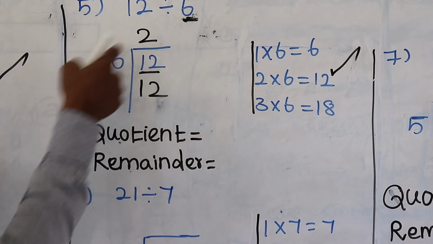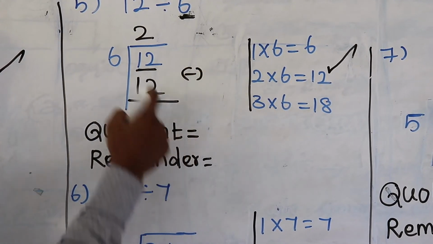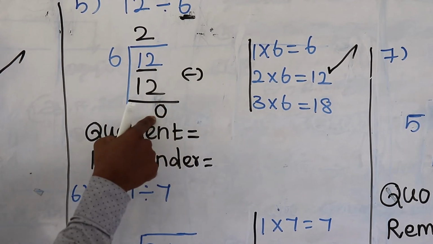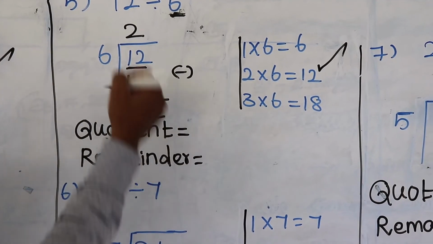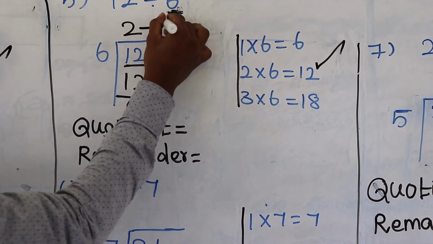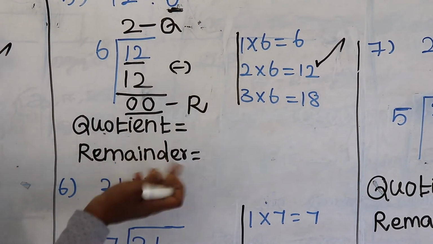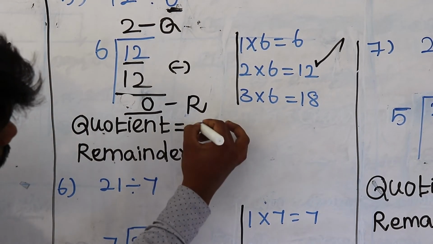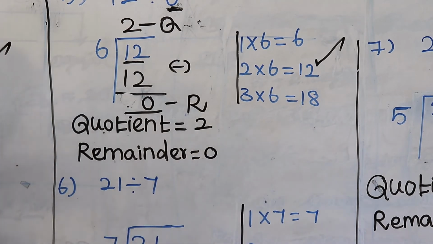Write here 2 6's are 12. Next subtraction. 2 minus 2 is equal to 0. Write 0 here. Next, 1 minus 1 is equal to 0. So 2 is the quotient value and 0 is the remainder value. Only one 0 is enough. So write quotient value 2, remainder value 0.